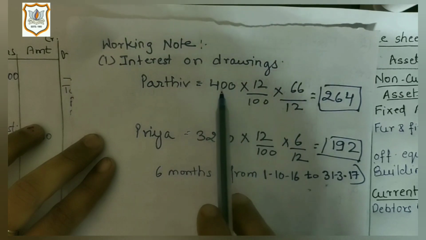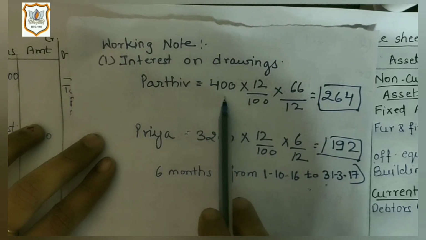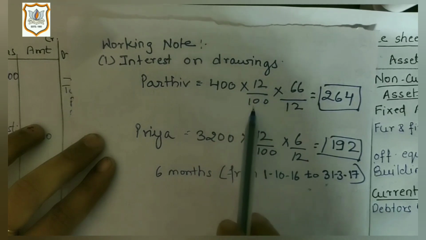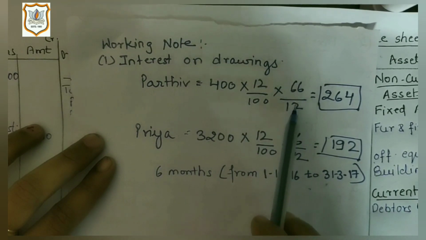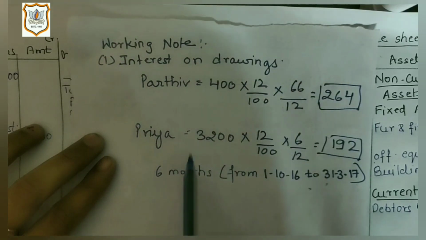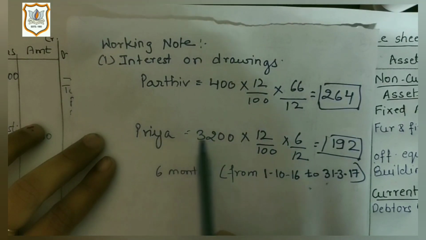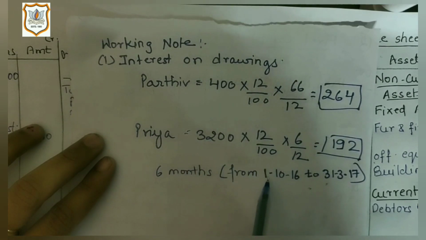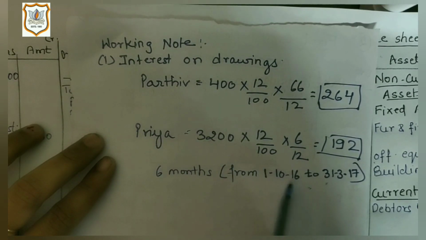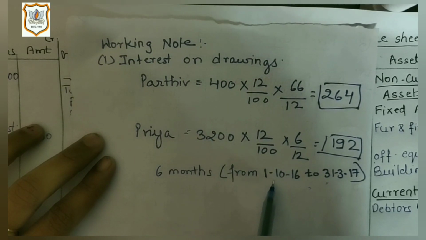So here he has withdrawn 400 and interest rate is 12%. That's why 12 upon 100 multiply by 66 upon 12, we will get 264. And for Priya, she is withdrawing 3200 on 1st October 2016. So interest will be charged from this day only.